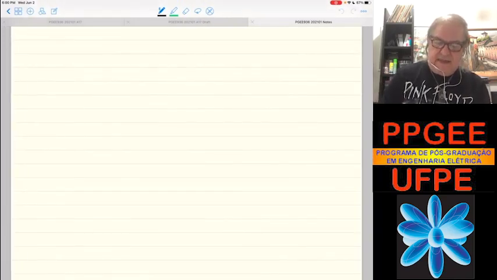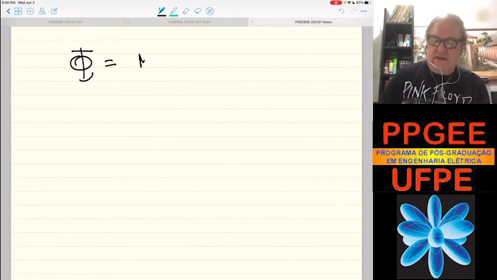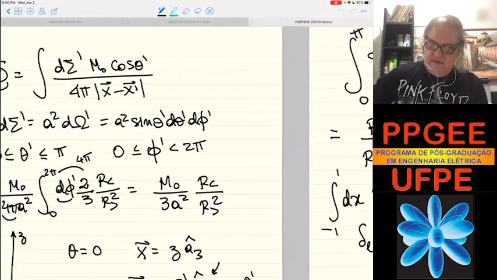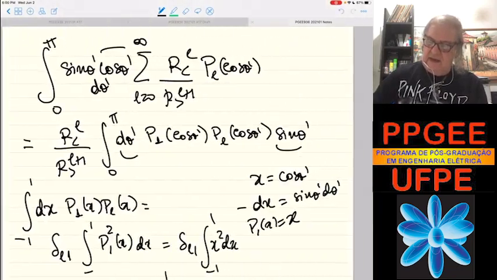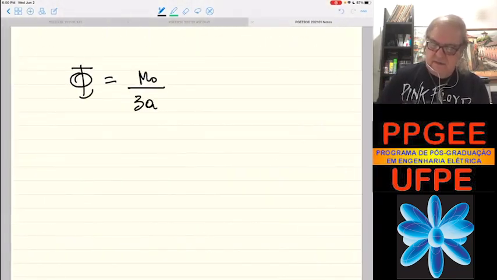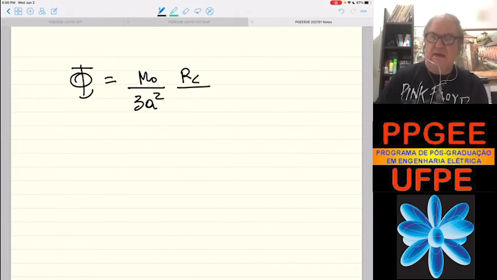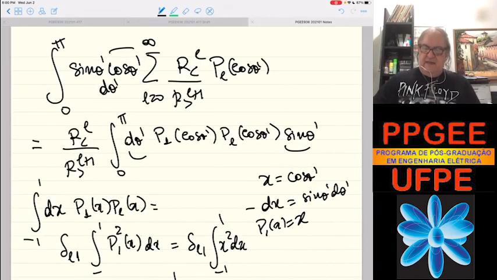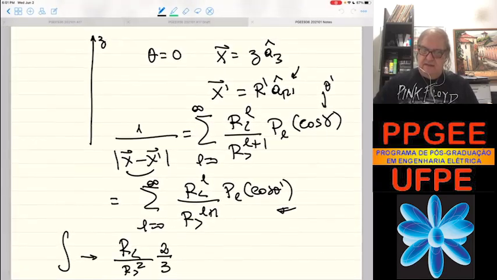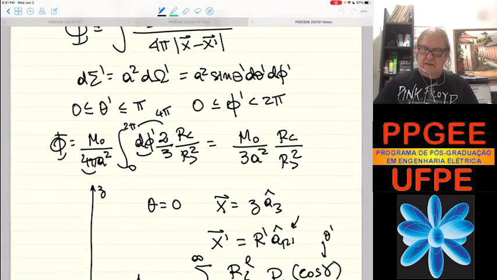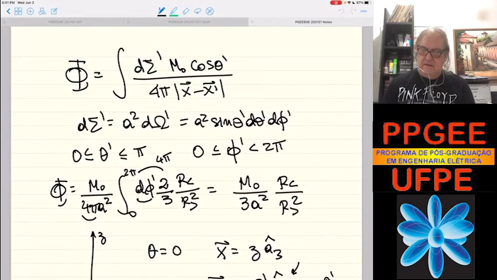So on the z-axis, the potential equals m0 over 3a squared. Is this right? I think so. I hope so. Let me see if the a squared is correct. Wait. What is this?